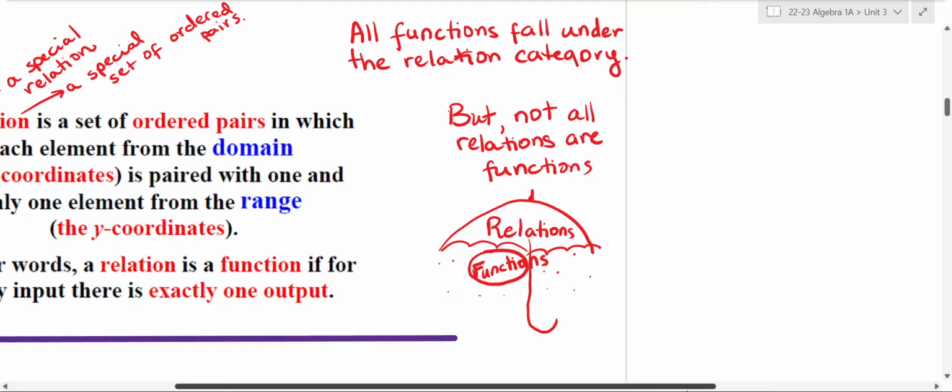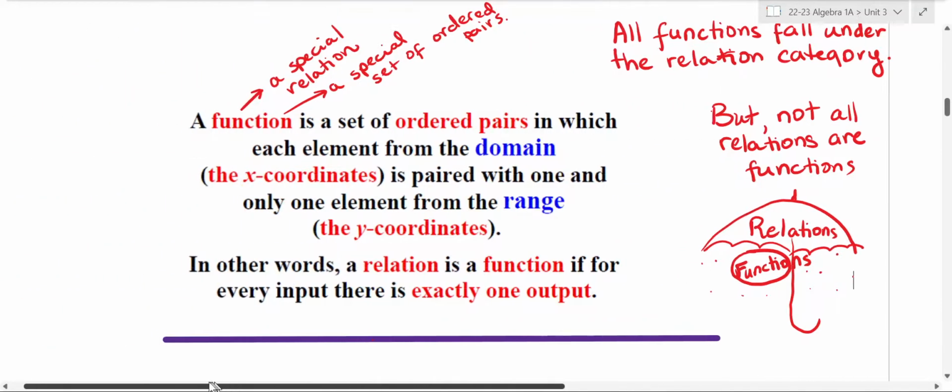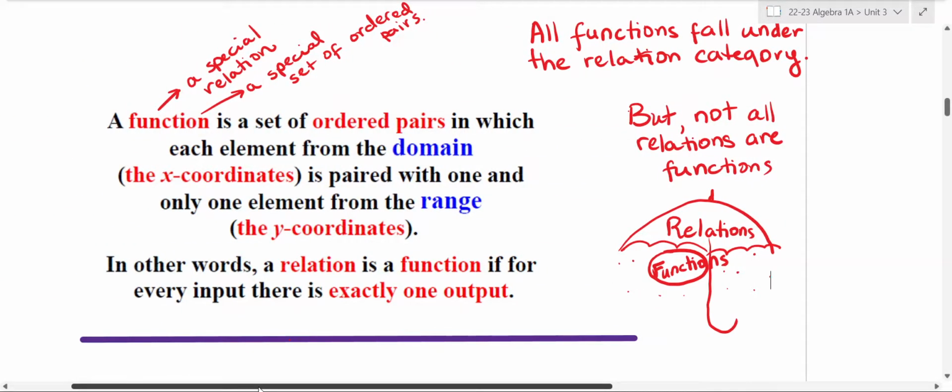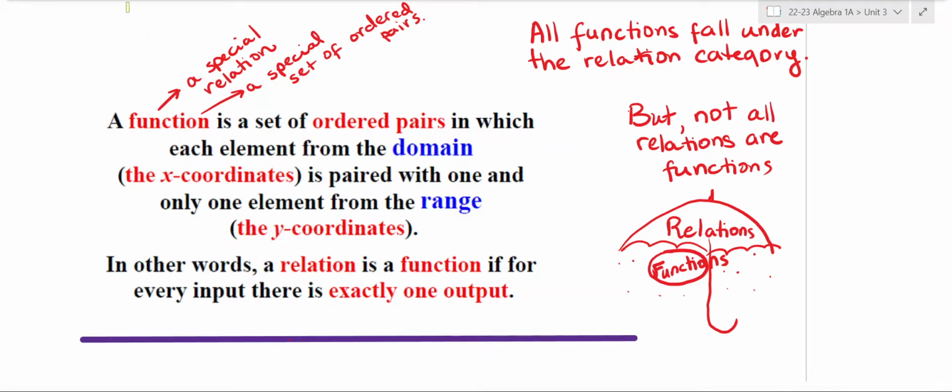So functions need to meet a special requirement. And that requirement is that each element from the domain, that means your x coordinates, is paired with one and only one element from the range, that means from the y coordinates.